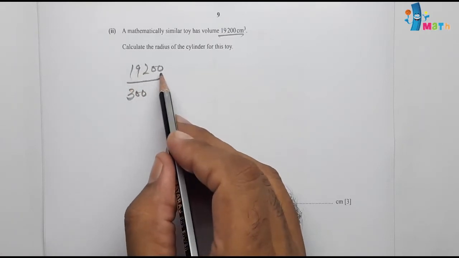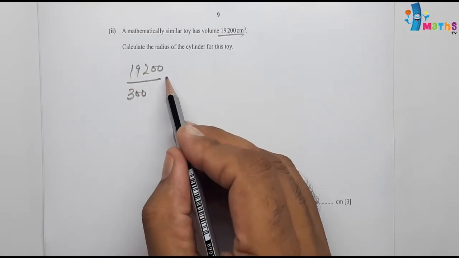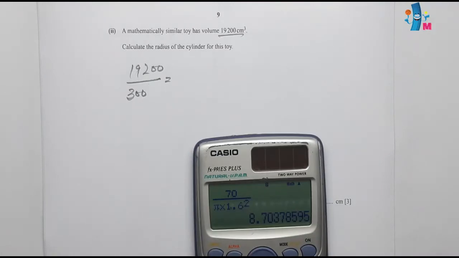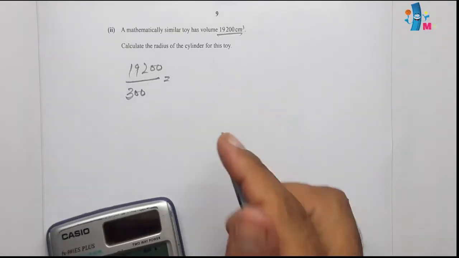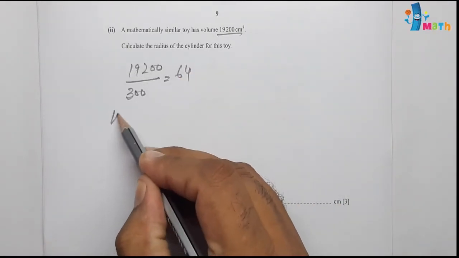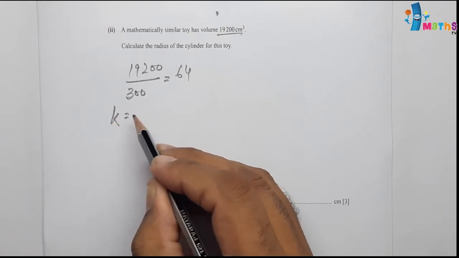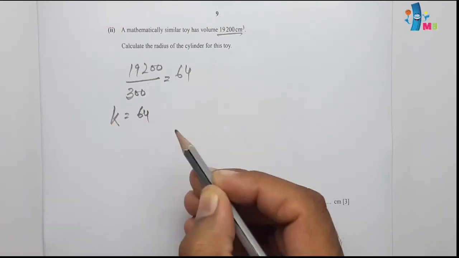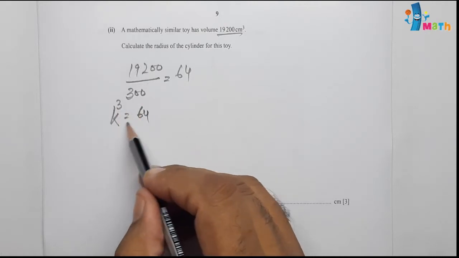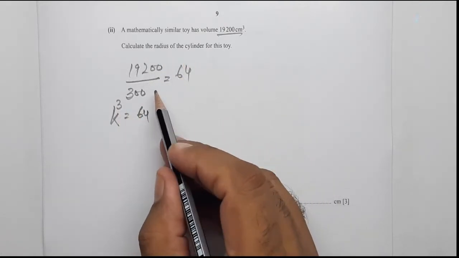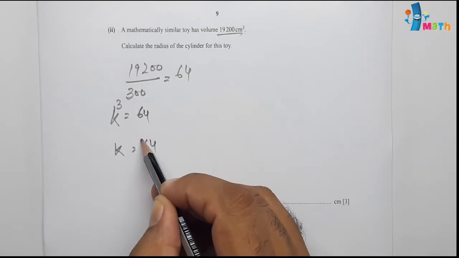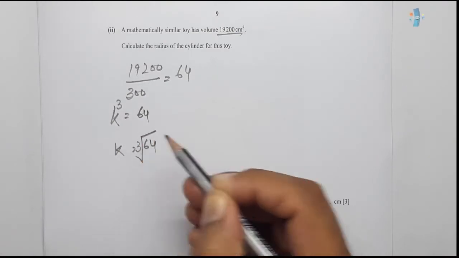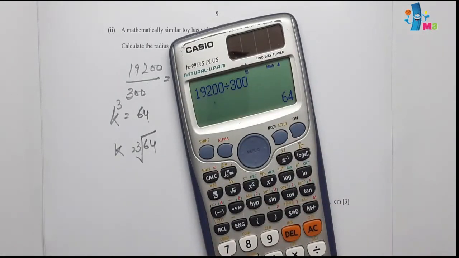So 19,200 divided by 300 will be 64. So value of k, conversion factor constant, will be equal to 64. Basically this is k cube, because this is volume we are taking k cube, and k will be equal to cube root of 64.